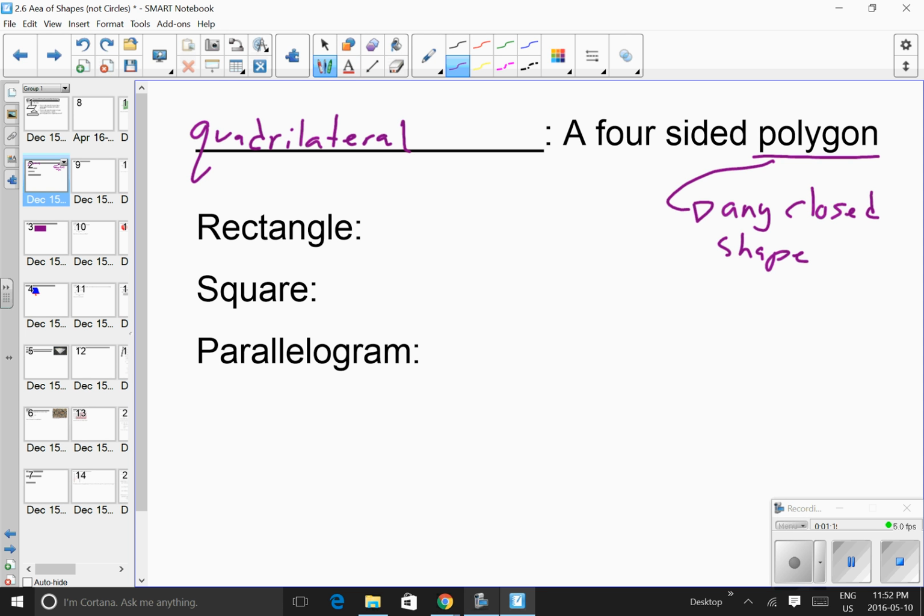So we have different kinds of quadrilaterals that you should already know. A rectangle has four 90 degree, whoops, not 90 degree, angles. Okay, that's what defines a rectangle.